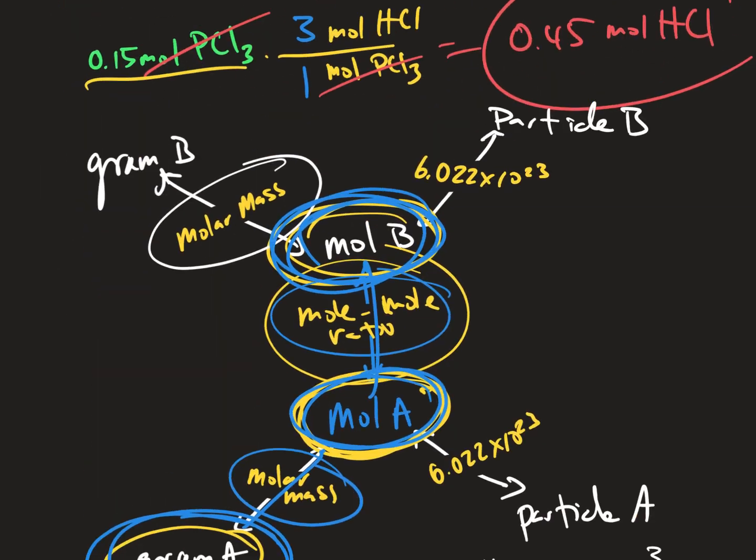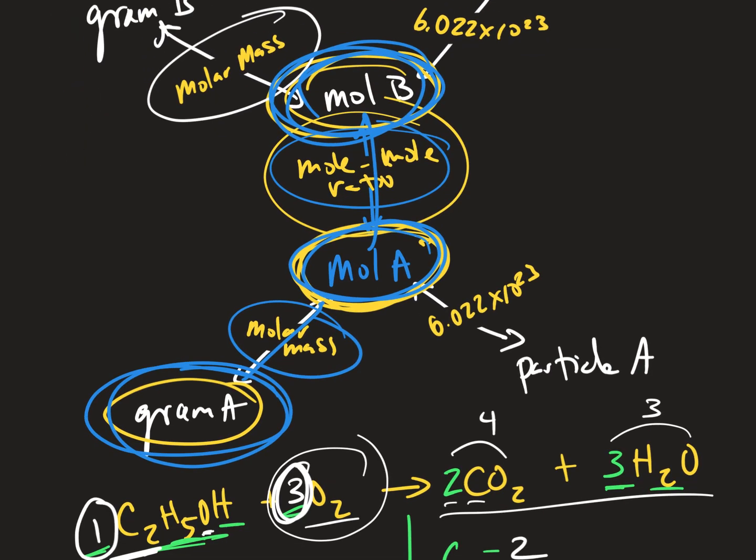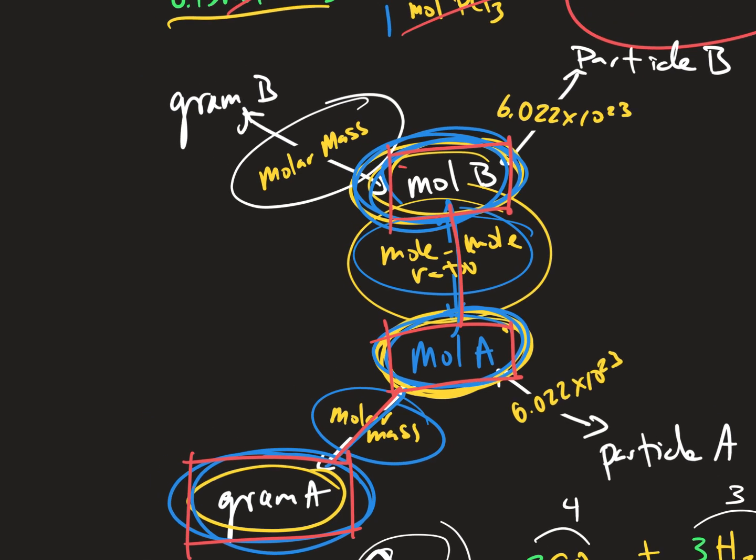Where is it? There it is. So we're going to start here at grams A. Then we got to use molar mass to convert to moles A. Then from there we go to moles B, and then to grams B. That's our path. We good?